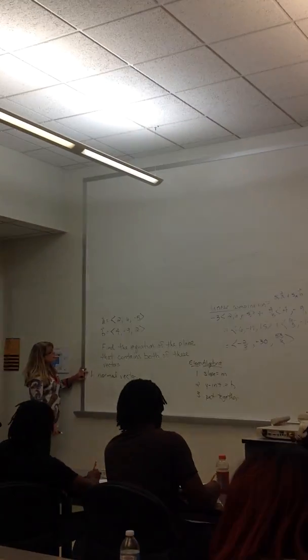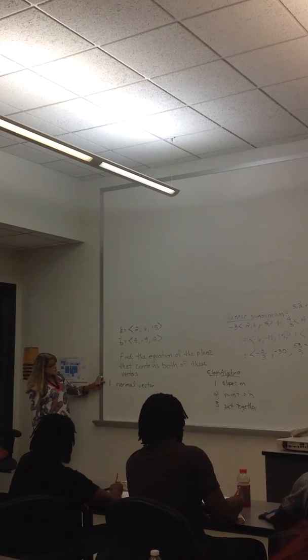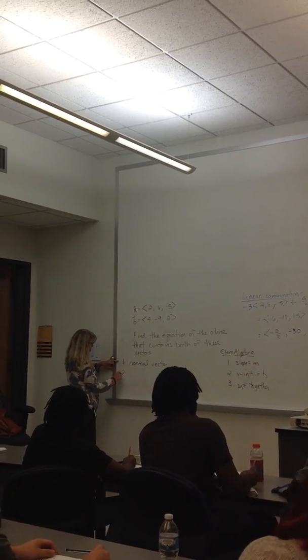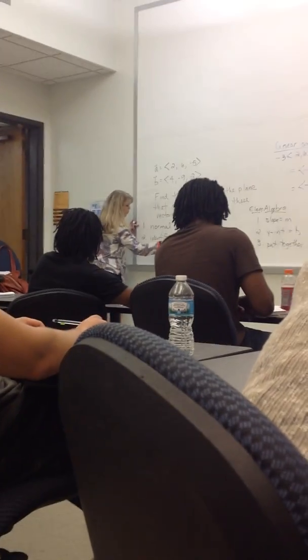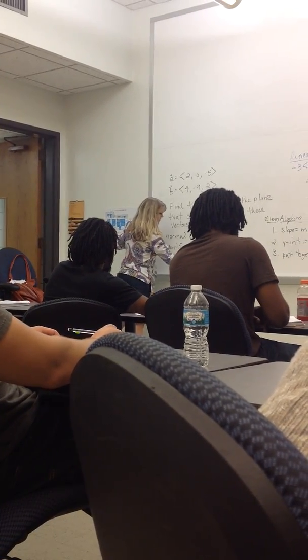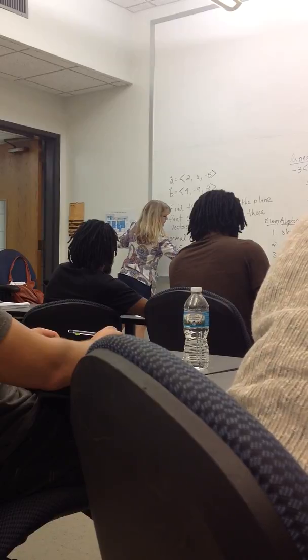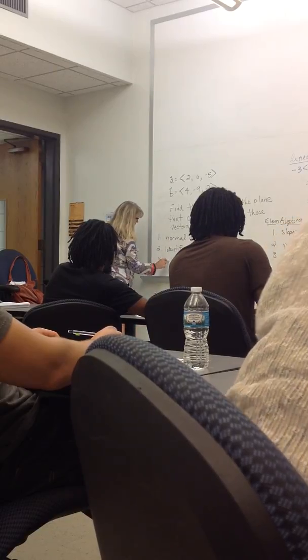So in Calc 3 now, first we want to find the normal vector, then we identify a point on the plane, and then step 3 we put it together.